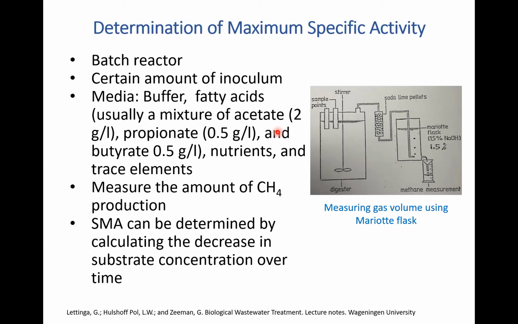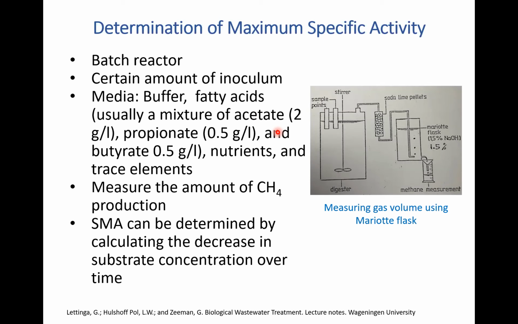So we would like to add acetate, propionate, and butyrate. The recommended concentration may be 2 grams of acetate per liter, half gram of propionate per liter, and half gram of butyrate per liter. Of course, we have to provide nutrients and trace elements. So basically, you provide the best, optimum conditions for microorganisms to grow, and this is why you are determining the maximum activity of methanogenesis.